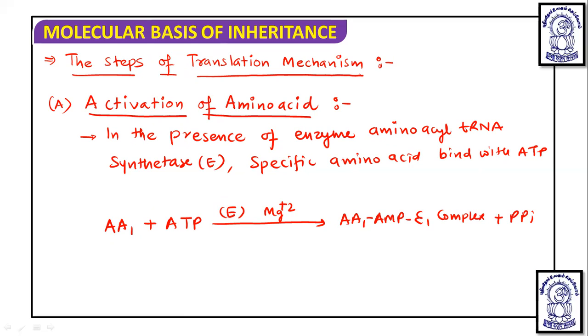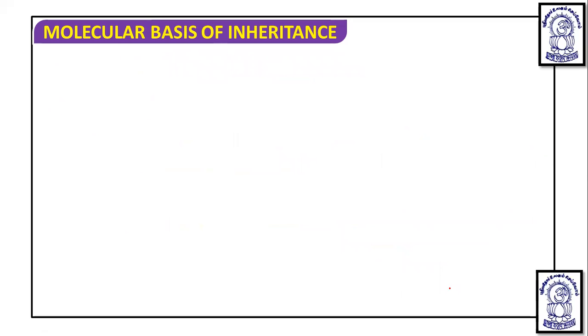So it is an amino acid-AMP enzyme complex, and it is nothing but an activated amino acid. Now after the activation of amino acid, the charging of tRNA takes place. That is the second step, known as charging of tRNA.